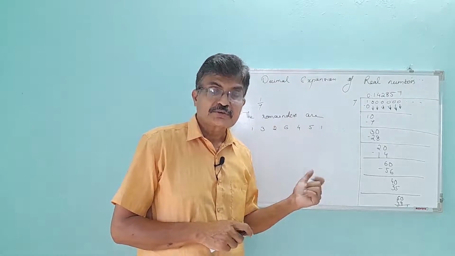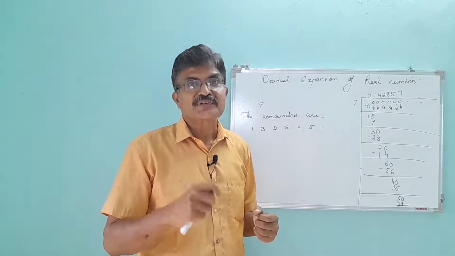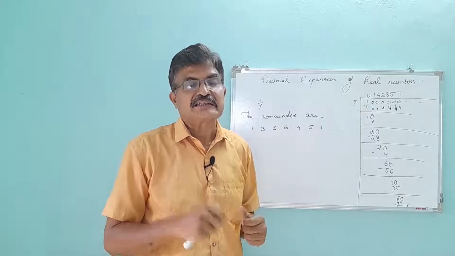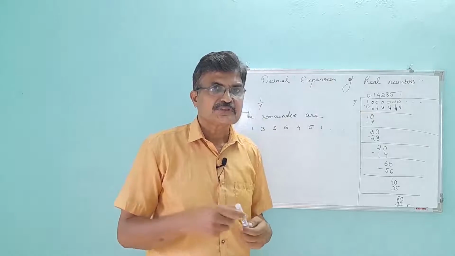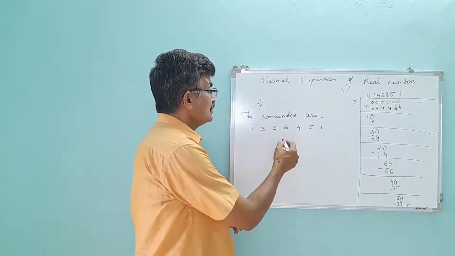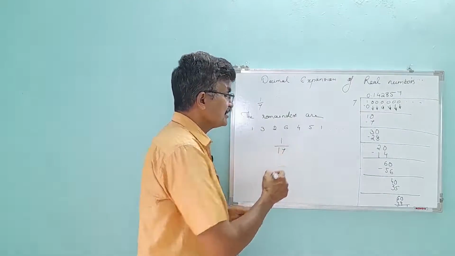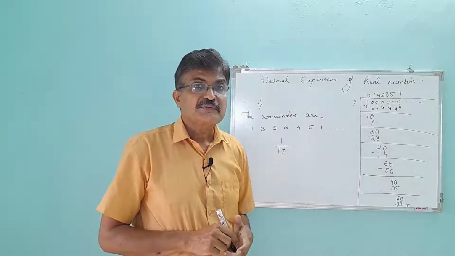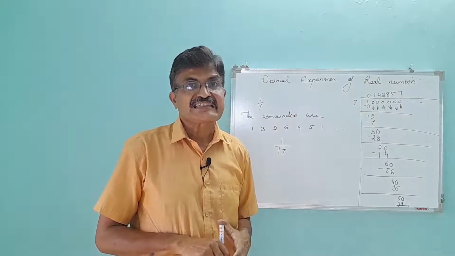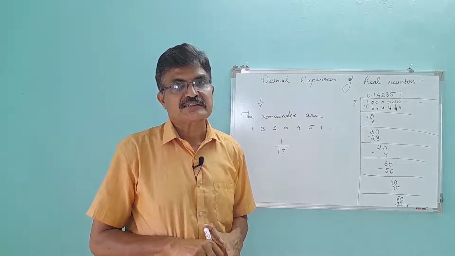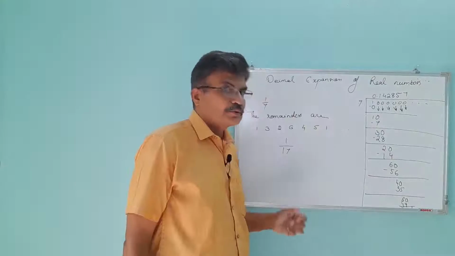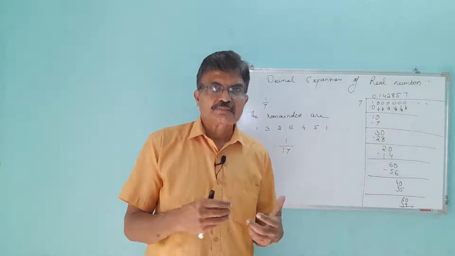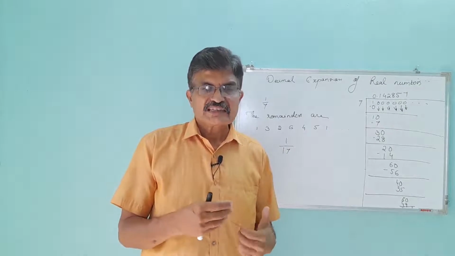In the quotient also, the number of entries in that block is less than the value of the divisor. Suppose in a question the rational number is 1 by 17. What will be the maximum entries in the repeating block of the quotient? Maximum will be 16.